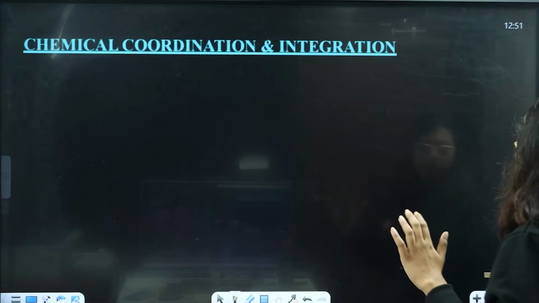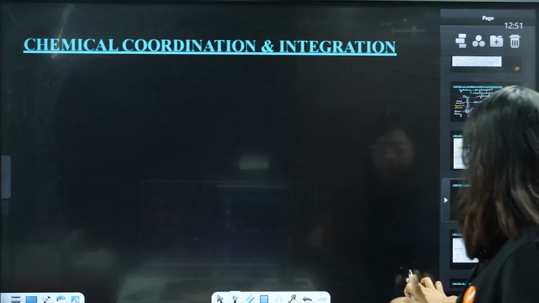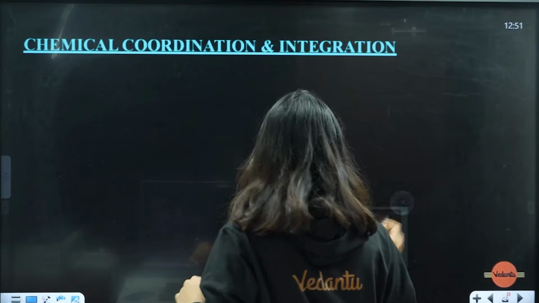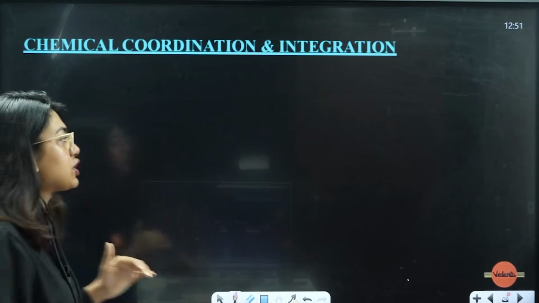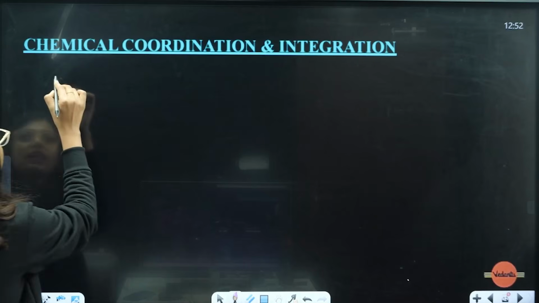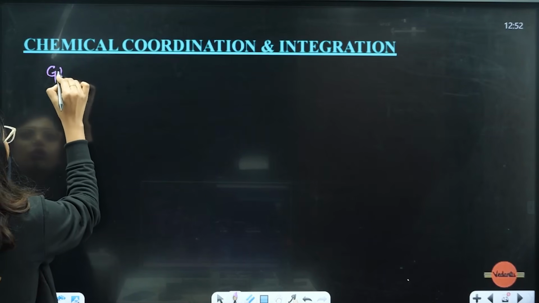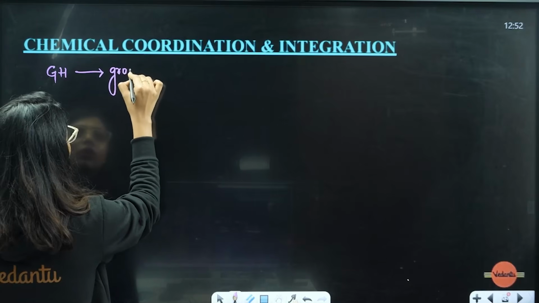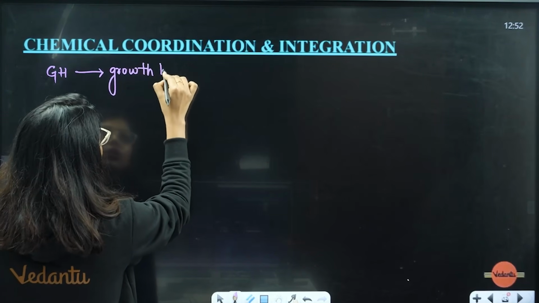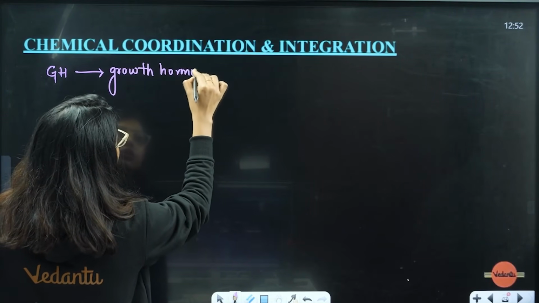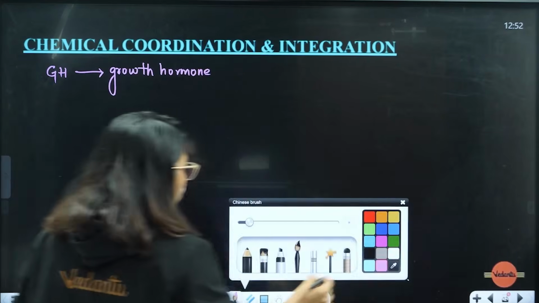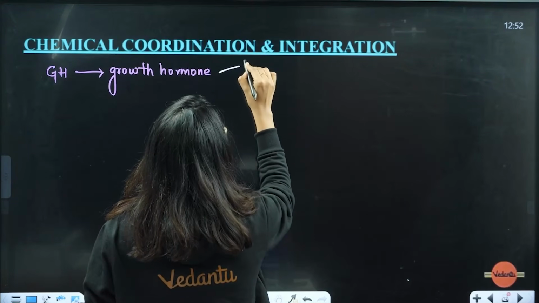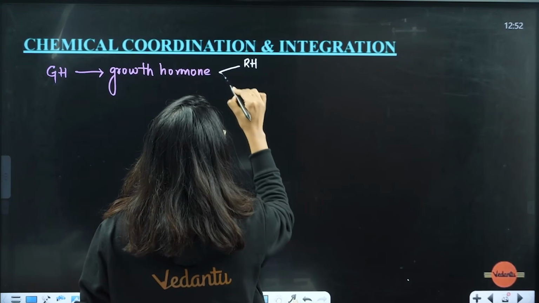However, that is not complete; after that we will go forward. Students, in the entire pituitary, which all hormones are you going to see? They spoke about growth hormone. Yes or no? Yes ma'am. In growth hormone, it can be RH or it can be IH.